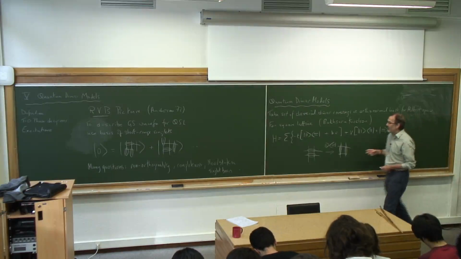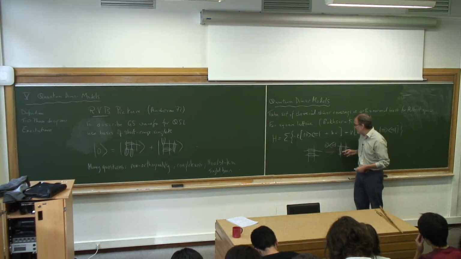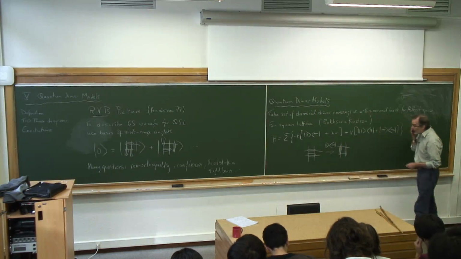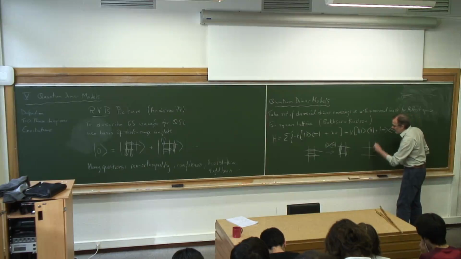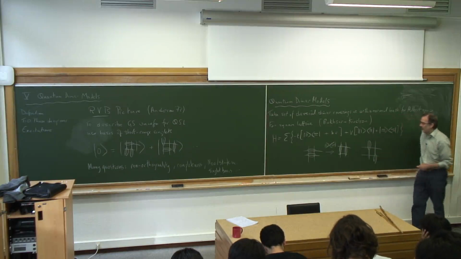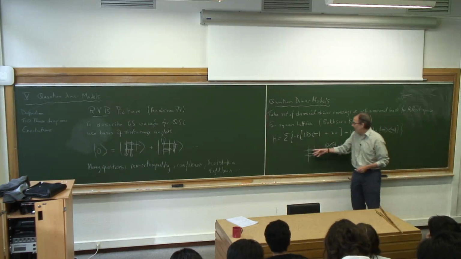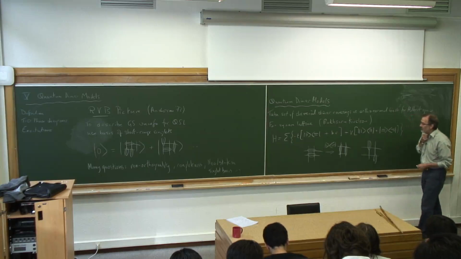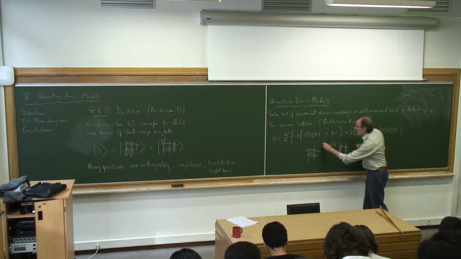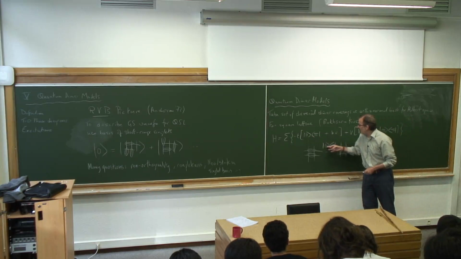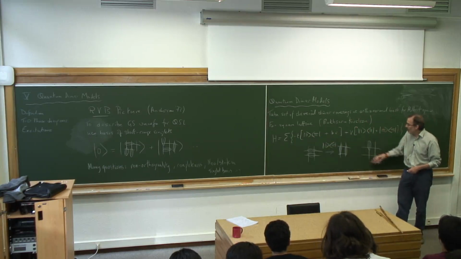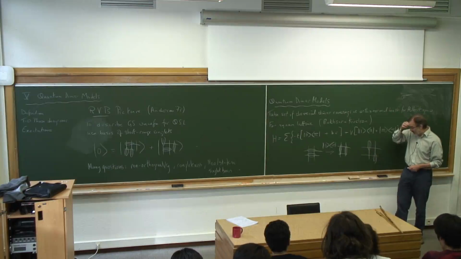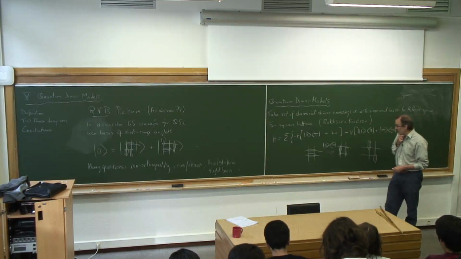Of course, these two arrangements of dimers on a specific plaquette are not the only things that could happen in a configuration. So it could be that I have something like that, in fact anything other than this pair of dimers, and this term in the Hamiltonian acting on this plaquette will annihilate all of these other configurations.